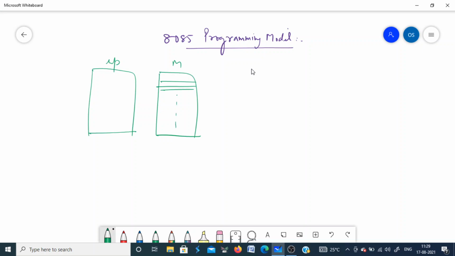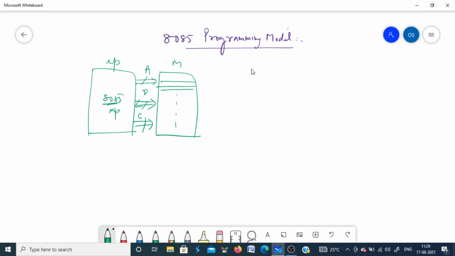The memory is a storage device which stores the instructions as well as the data. And then there are several buses: the address bus, data bus, and control bus. So this is your 8085 processor.